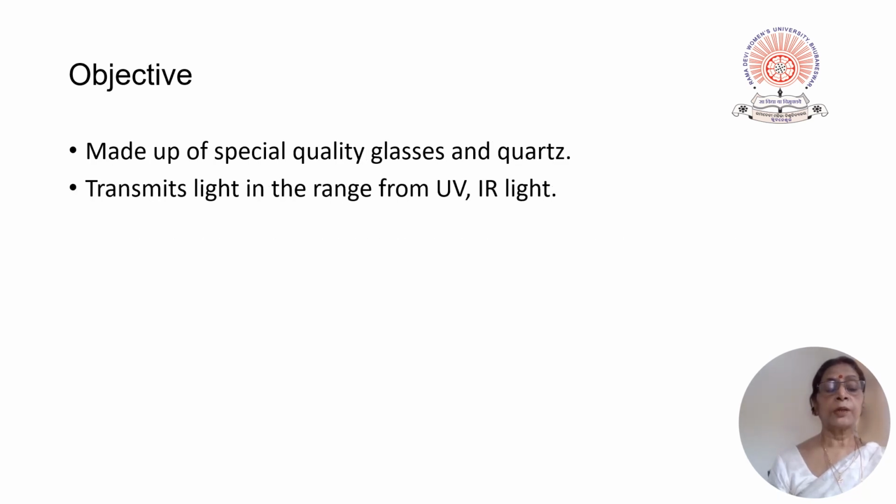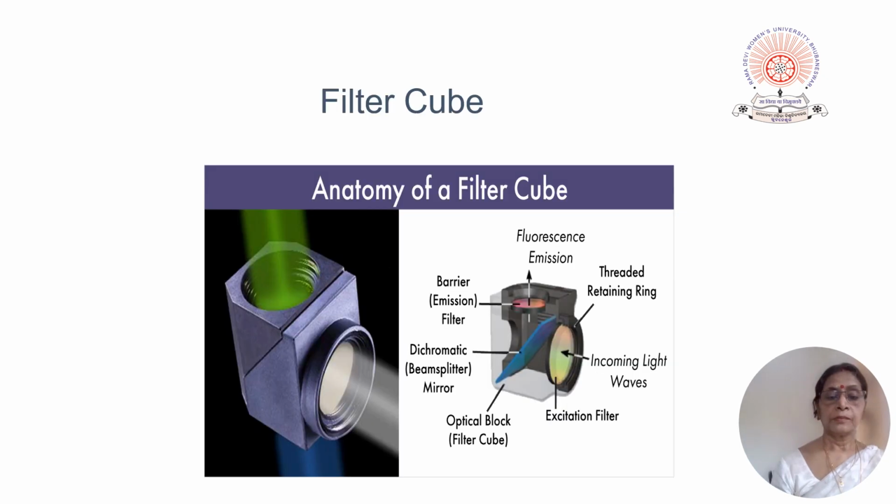The objective of the fluorescence microscope is made up of special quality glass or quartz, and it transmits light both in the UV as well as infrared wavelengths. This is the interior of the optical block or the filter cube that holds all the different types of filters.